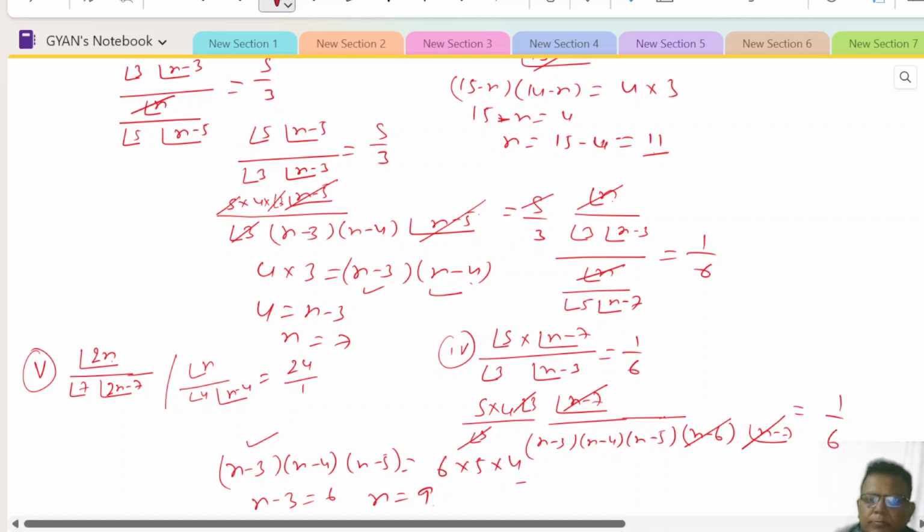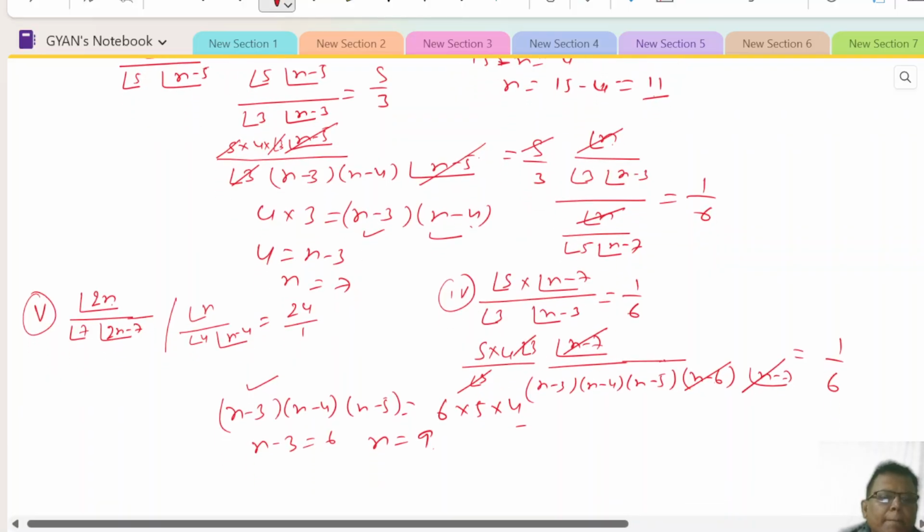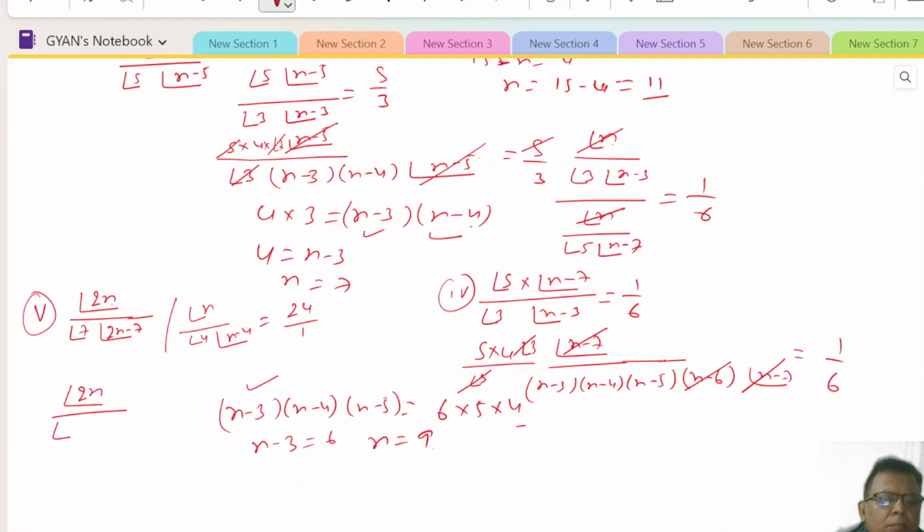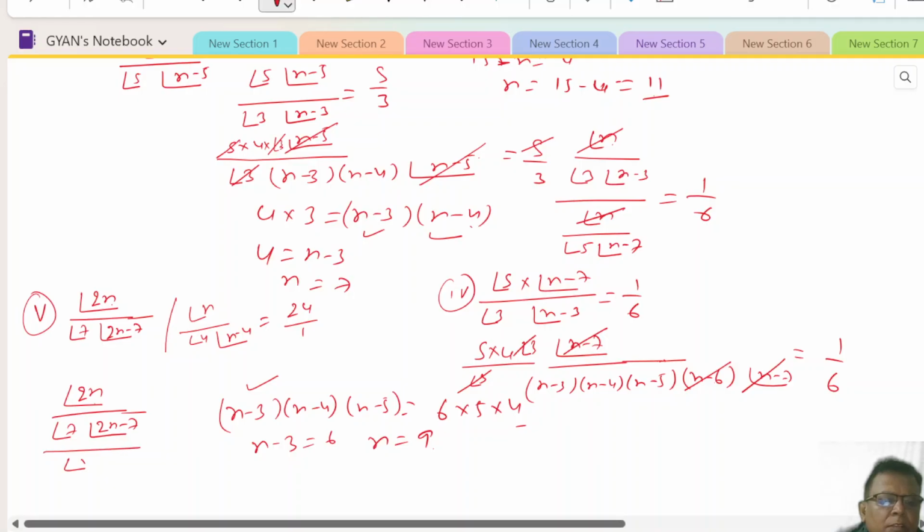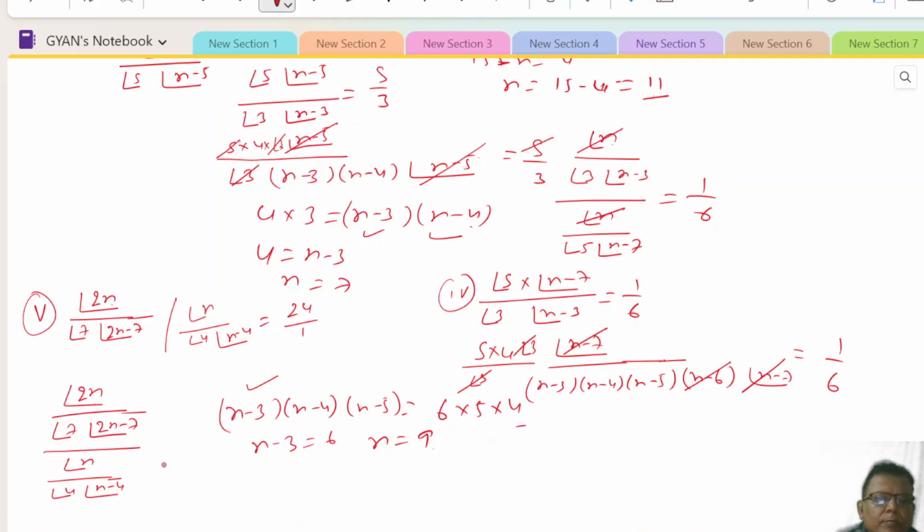Okay, so we can write it (2n) factorial divided by 7 factorial (2n minus 7) factorial divided by n factorial divided by 4 factorial into (n minus 4) factorial is equal to 24 by 1. So here what we can write?